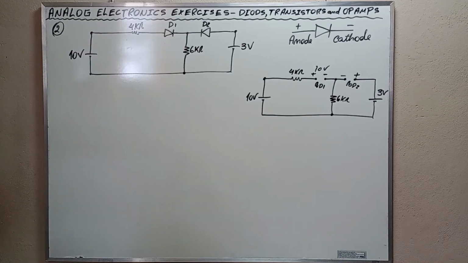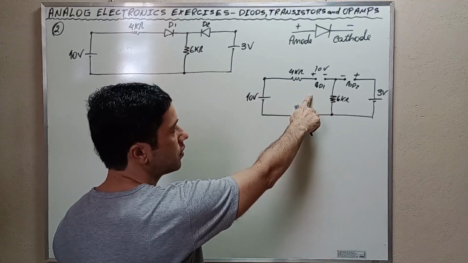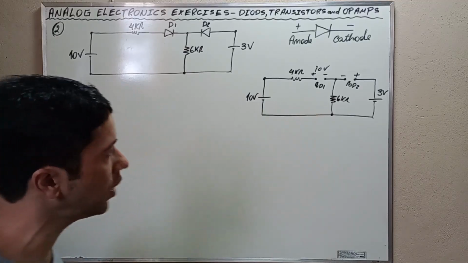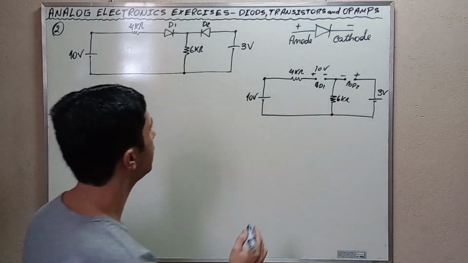Back then, we observed that when D1 is on, the voltage across the 6 kilo ohms resistor is 6 volts. Now we know that D1 has to be conducting.